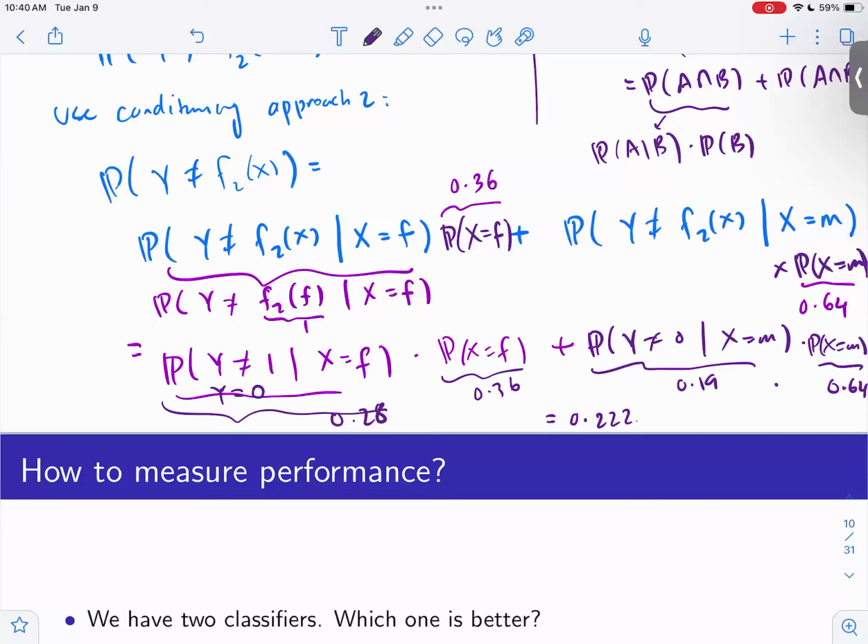How do I know that? If my metric is this, I'm going to search over all possible functions of a binary variable x and pick the one that minimizes this.